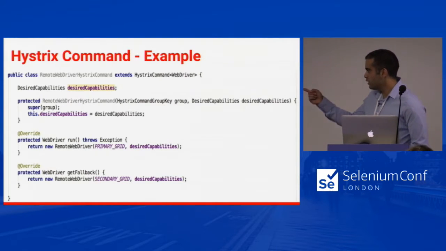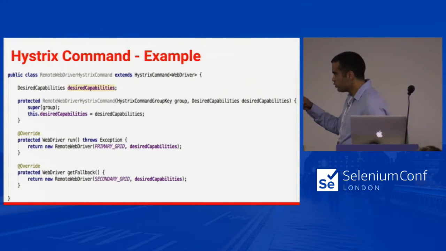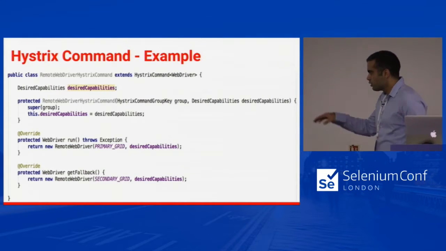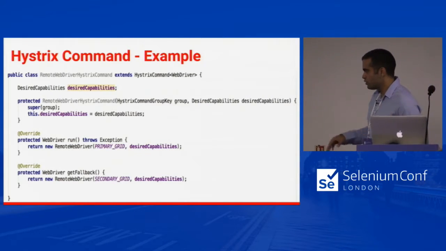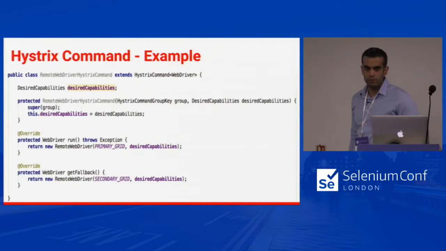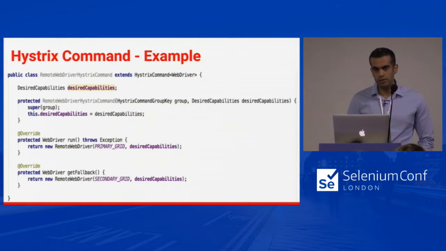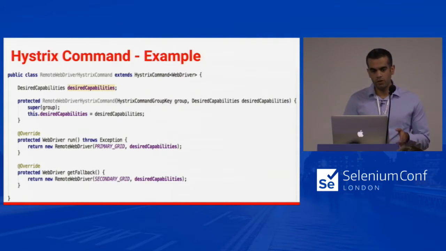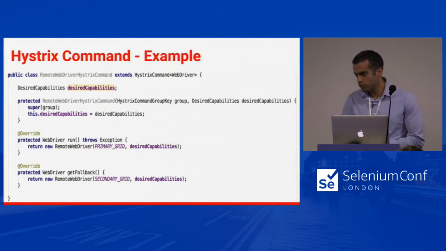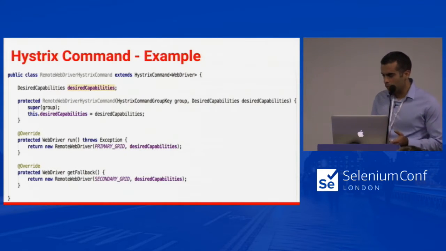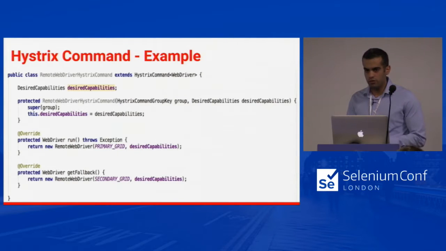And you can also provide it a fallback. So once the circuit breaker is open, all the requests for new remote web driver sessions will be routed directly to the fallback. And the second grid can be, as we said, the other grid which you have on a different network, or a cloud provider which you can fall back to if your network or system has any issues with the grid.